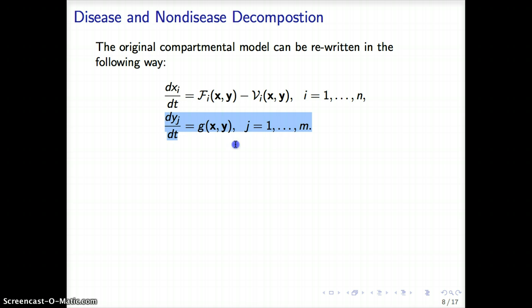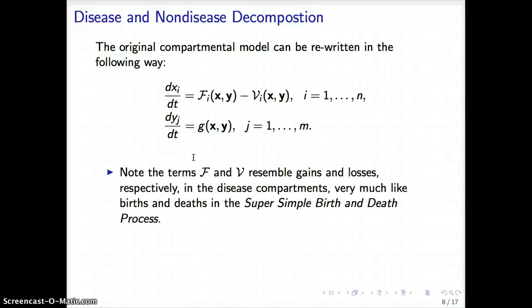And then we stack everything else into this typically nonlinear map or operator denoted by G. Okay, so this is the model we had originally, but reorganized or rewritten. So these operators, fancy F and fancy V, as I would call them, resemble gains and losses in disease compartments. And that's the analogy with the birth and death process.